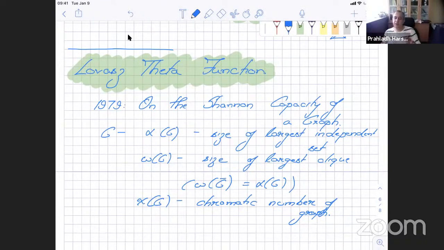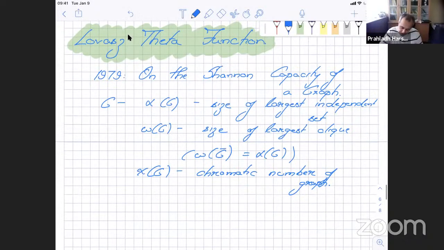An equivalent way of stating this is partitioning the graph into the minimum number of independent sets. It's an easy observation that omega of G is always less than or equal to chi of G.